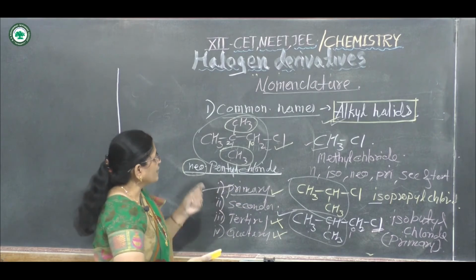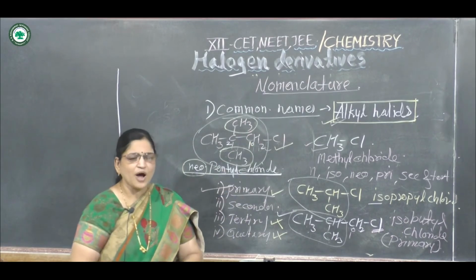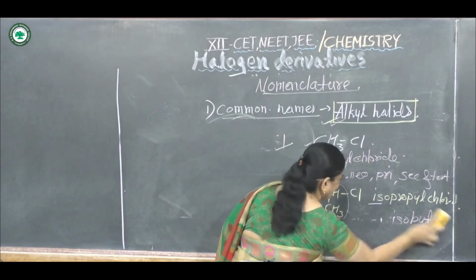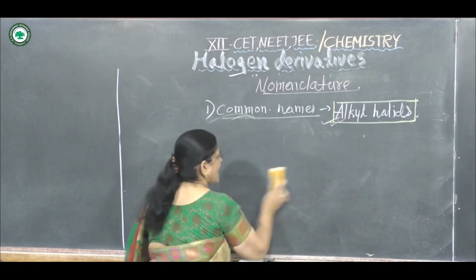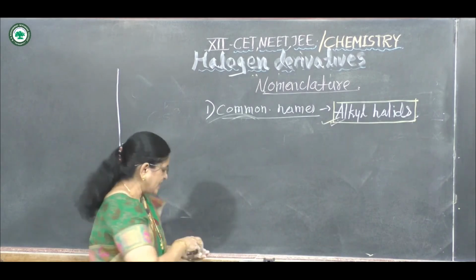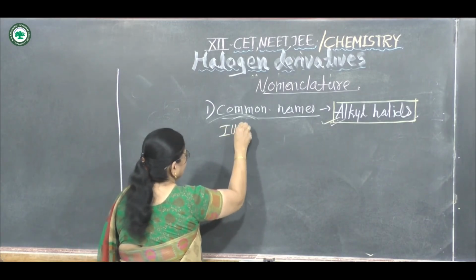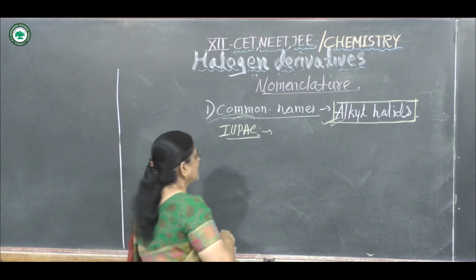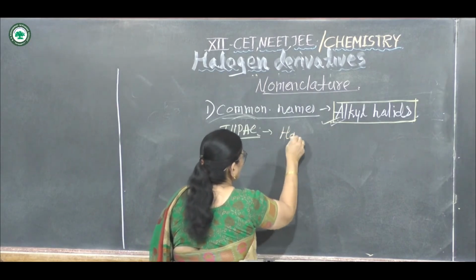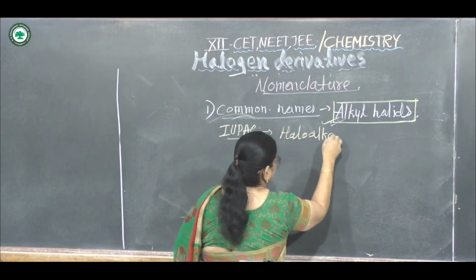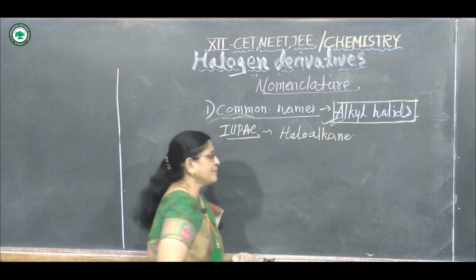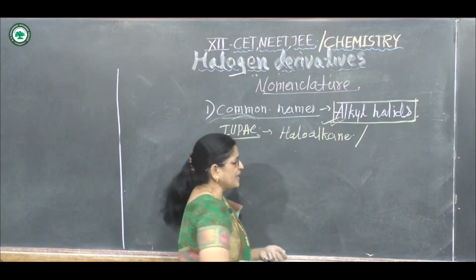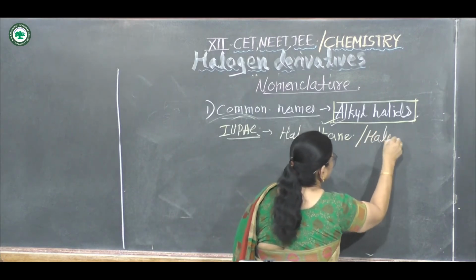In this way, questions are asked on the basis of this common name system or common names of alkyl halides. The next one is the IUPAC system. In the IUPAC system, common names are written as haloalkanes. Aliphatic compounds are named as haloalkanes, and aromatic compounds are named as haloarenes.